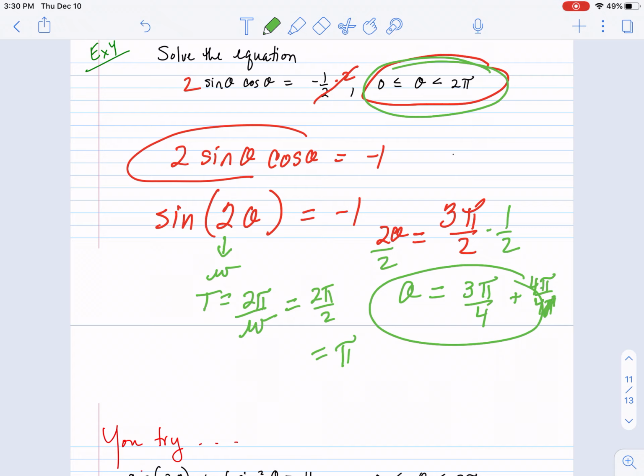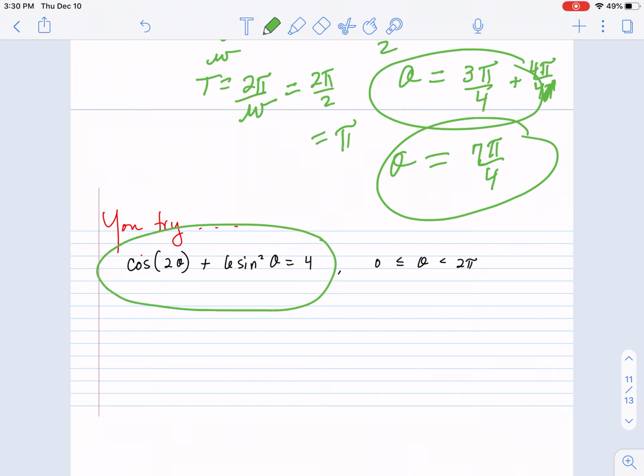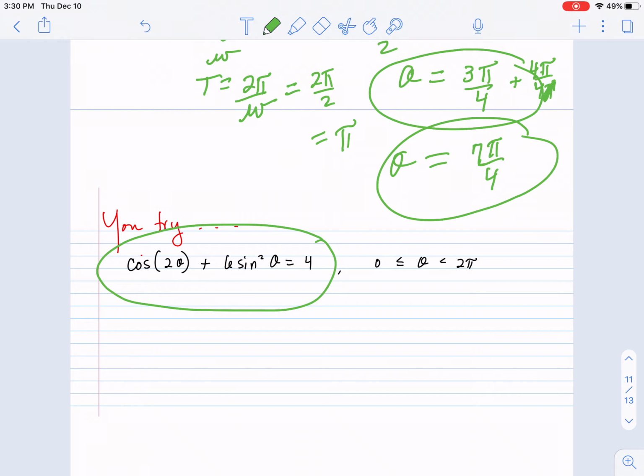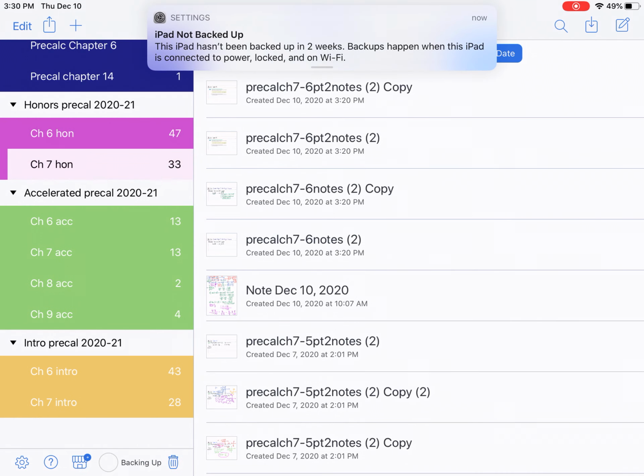And I am going to get that theta is equal to 7 pi over 4. So that's my second answer, okay? This one's a little tricky. I think you should try it. If you try it, put your answers down, and you can put it in your homework answers, okay? All right, I am moving on to 7-6 part 2 notes.